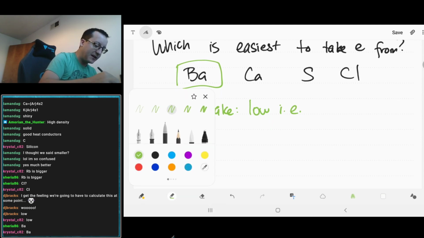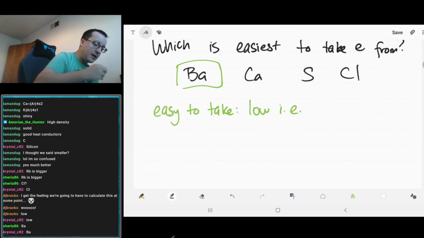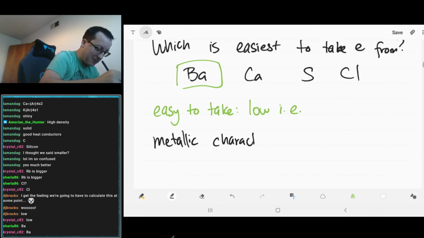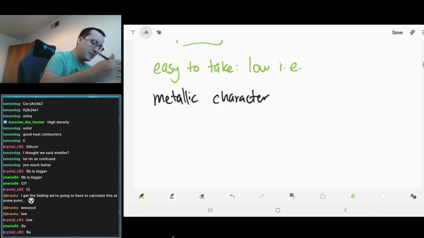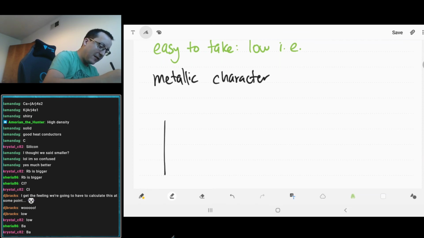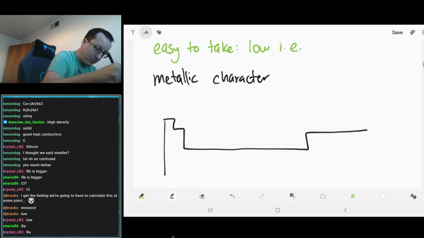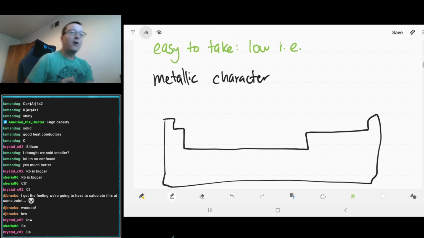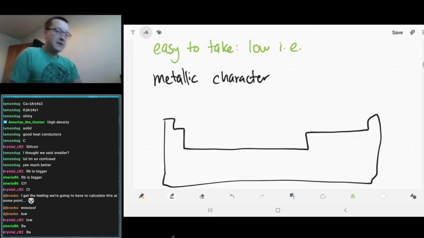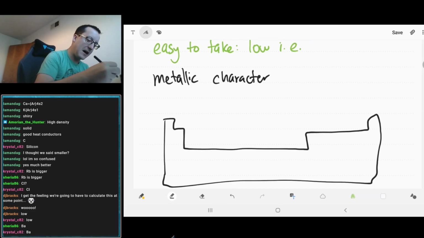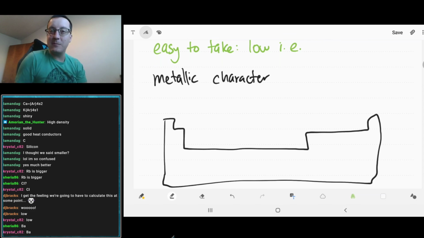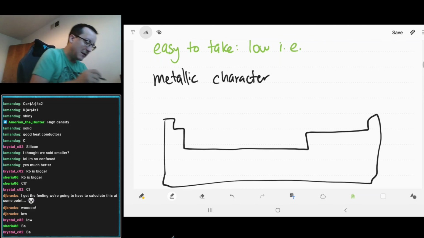Alrighty, last trend of the day is going to be metallic character. And guess what? We have already kind of done this. We know that the stuff on the left is metals, the stuff on the right is non-metals.